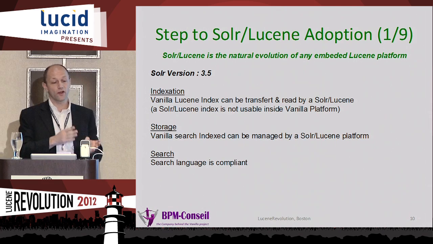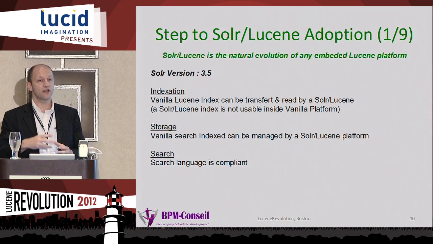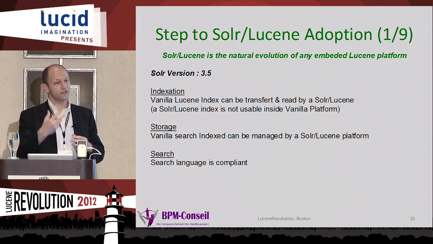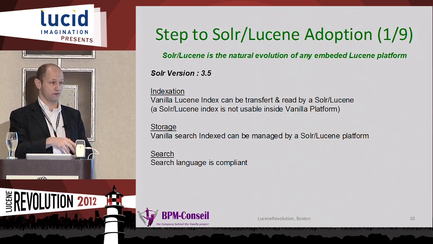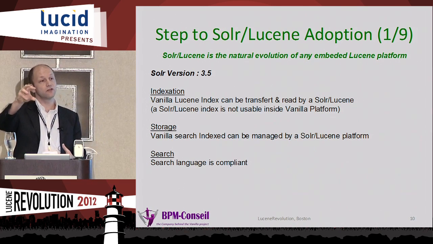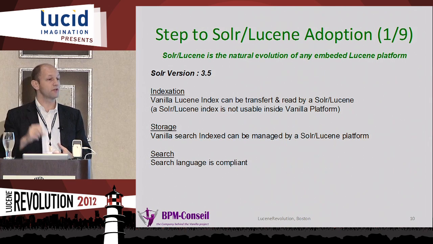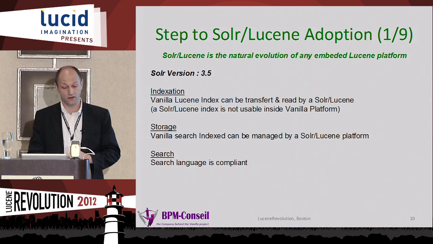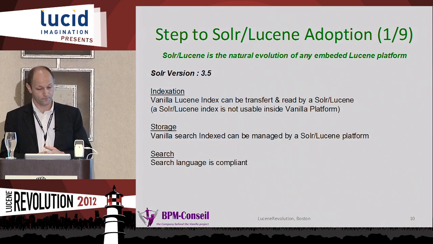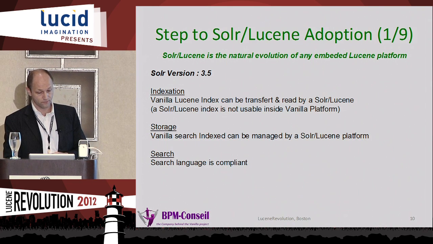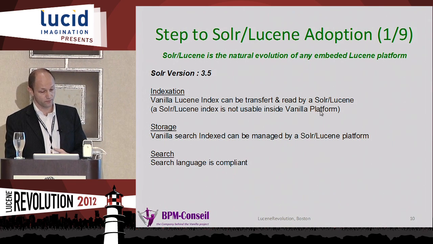So directly from one day to another, we can have a batch file that every day takes the Solr Lucene index from vanilla and puts it in an external Solr Lucene application. And it's running pretty well, no problems. So about indexations, it can be written.